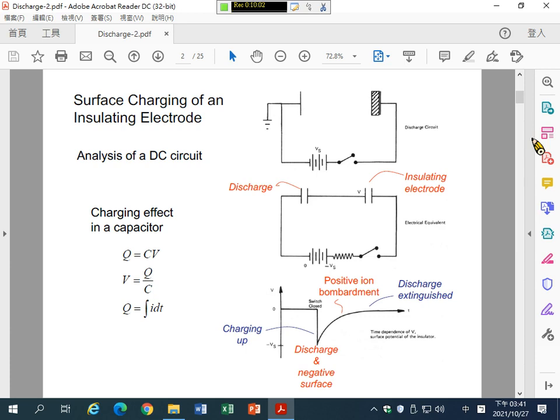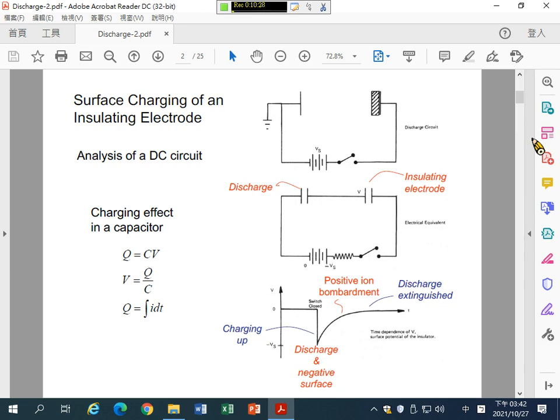Q equals CV, or C equals Q divided by V. V is voltage, Q is the amount of charge, and C is the capacitance of this insulating material, with one side of the electrode and another side a virtual electrode.